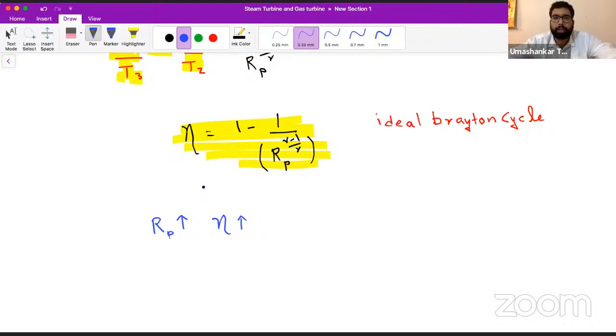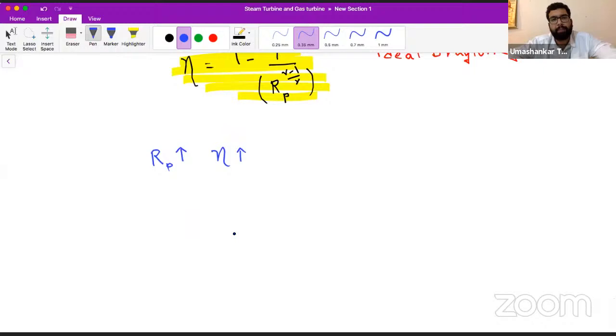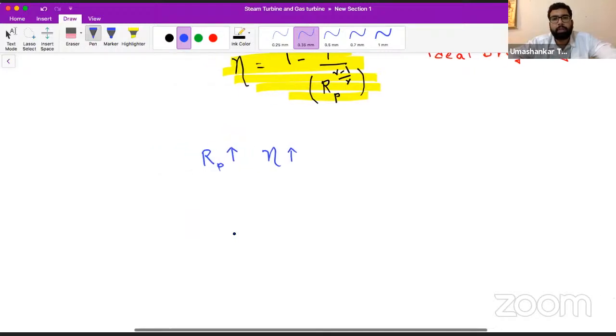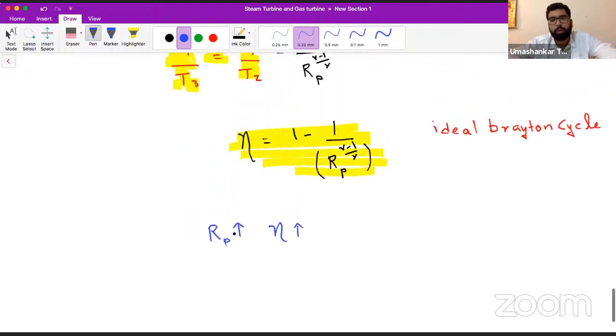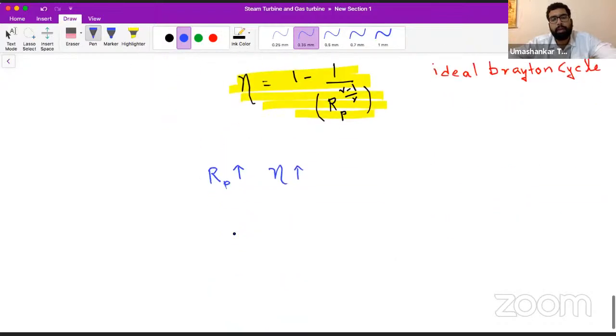This information is exclusive to the ideal Brayton cycle. So with an increase of pressure ratio, we can have the efficiency also increase, in the ideal Brayton cycle only.